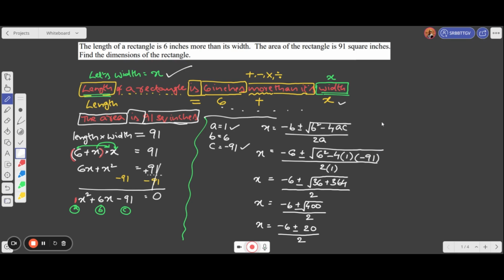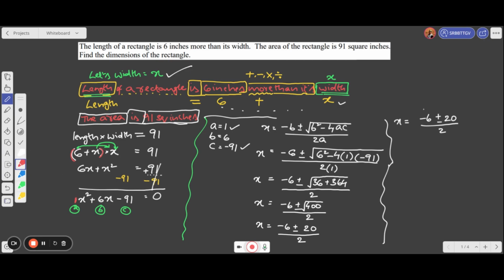Depending upon the requirement, if you want, you may make use of a calculator. Of course, I haven't used one. Here, x equals negative 6 plus or minus 20 over 2.